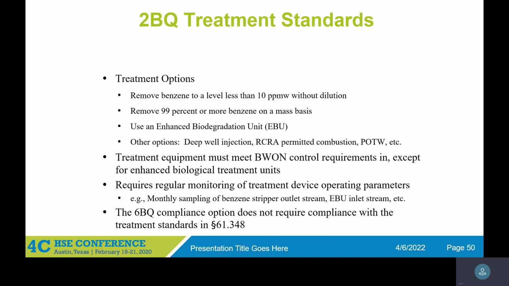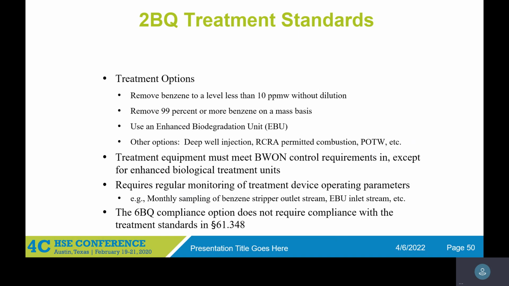Now, here's a catch. Remember how we talked about the 2BQ being segregate and treat, and the 6BQ being treat to target? The 6BQ compliance option does not require compliance with the treatment standards. So long as you're below 6, it doesn't matter that you didn't get to those parameters. For example, the EBU has very specific parameters, right?